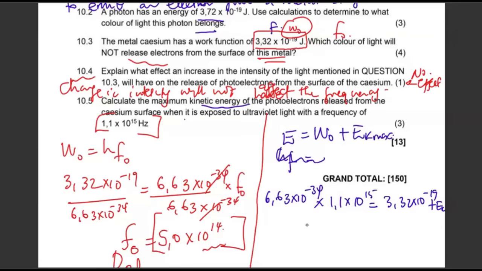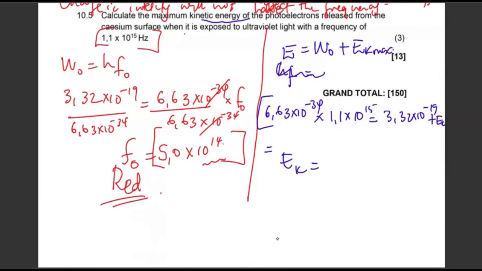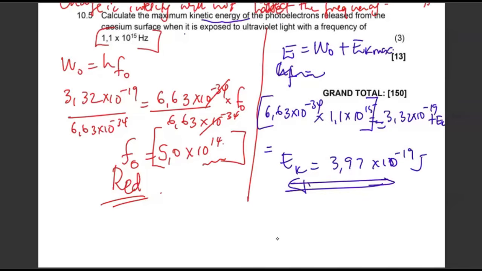Do your magic and then transpose everything to one side. So it's supposed to be subtraction, not a division. When I multiply this and then subtract that, I'm getting 3,97 times 10 to the negative 19 joules. Okay, so that becomes the maximum kinetic energy.